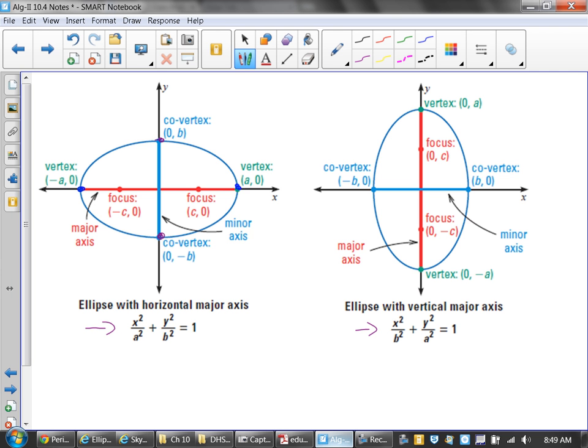Again, the a squared value will always be the bigger of the two denominators. If the bigger of the two numbers is underneath the y, it's stretched up and down. A couple of actual real examples of this, and you'll go over this real fast.